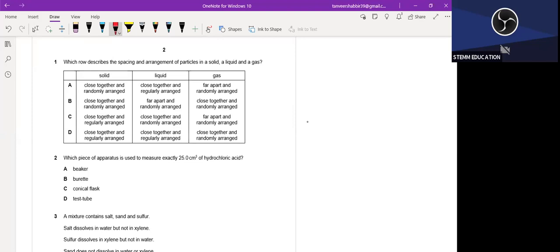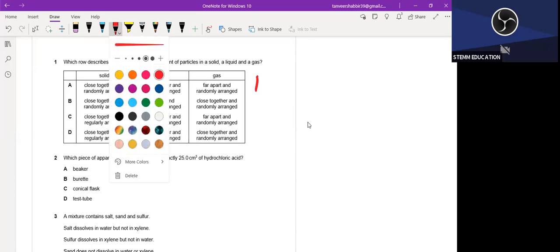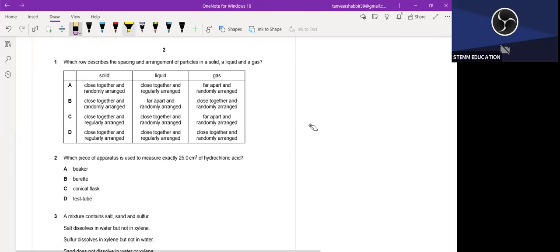So, in a solid, as we know, atoms are very compact to each other, and they are arranged regularly, not randomly. So, in a solid, particles are close together and regularly arranged. So the first two options cannot be the right one. It can be either D or C.